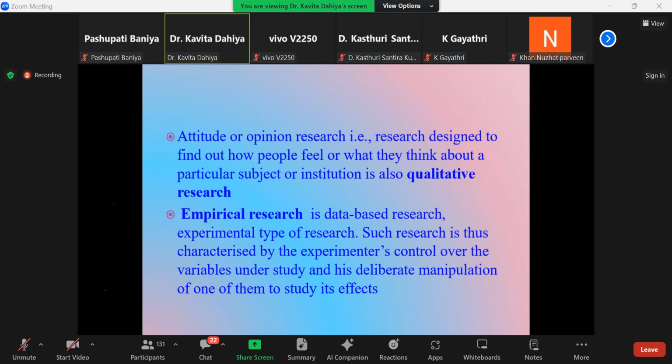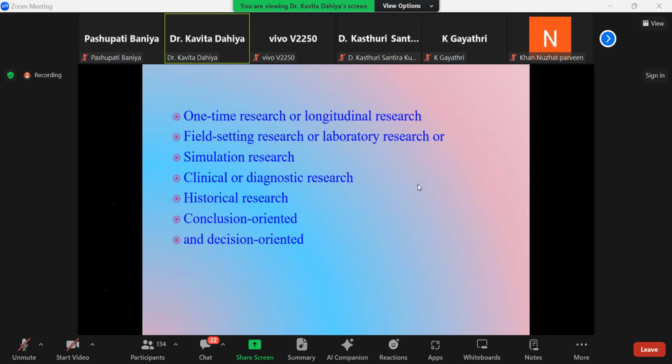Another one is empirical research, which is data-based research, and again this is quantitative research, which is an experimental type of research. Such research is characterized by the experimenter's control over the variables under study and his deliberate manipulation of one of them to study its effects. So there may be one-time research or longitudinal research.